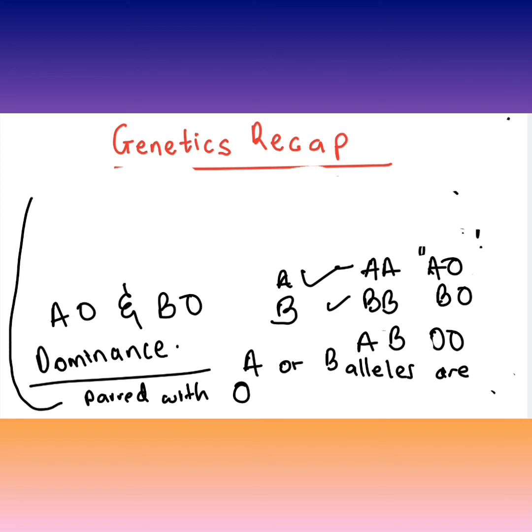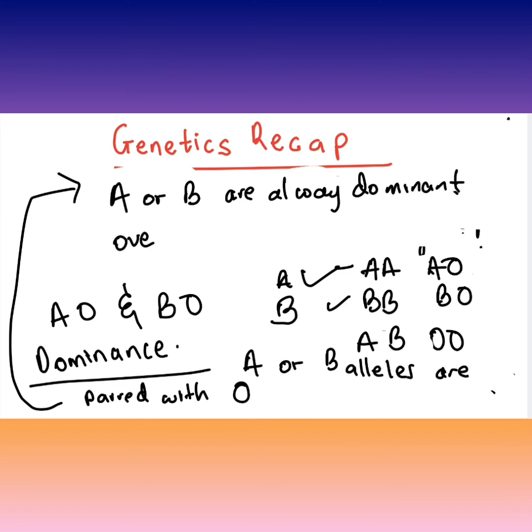A or B are always dominant over O. So whenever A or B alleles are paired with O, A or B are always dominant.